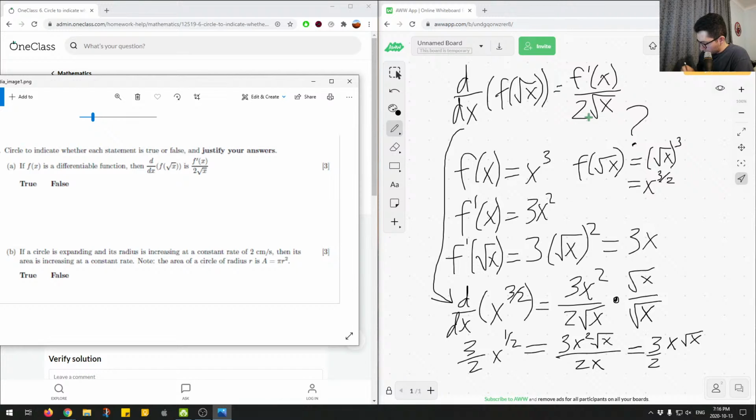We'll combine these two variables, so we would end up with x to the 3 over 2. So we can see that this does not equal this. The exponent here and this exponent are not the same, so this is not equal. And we know that this does not hold true.